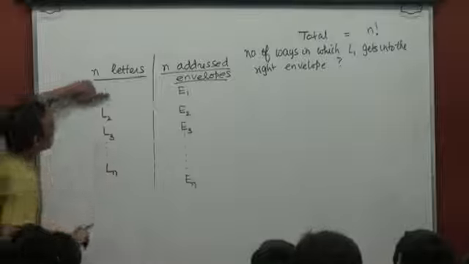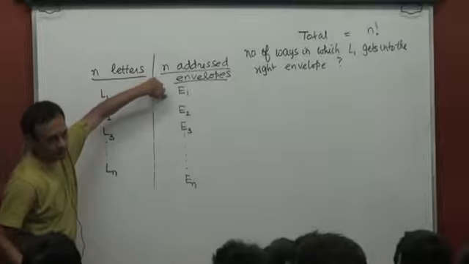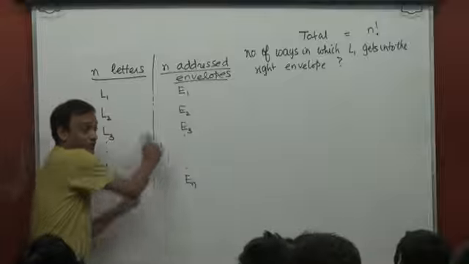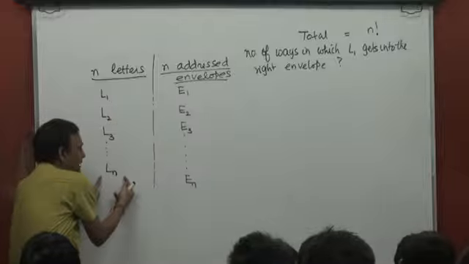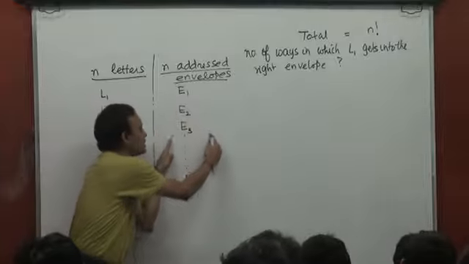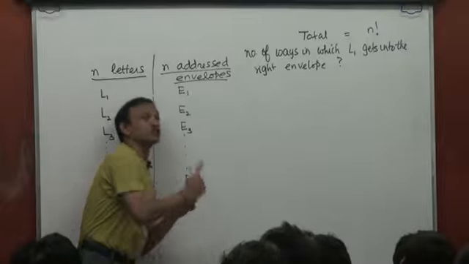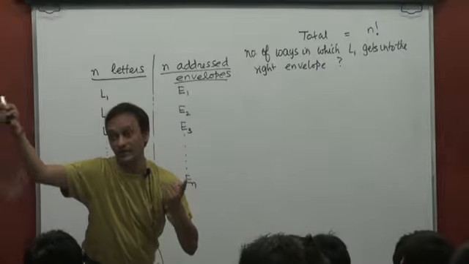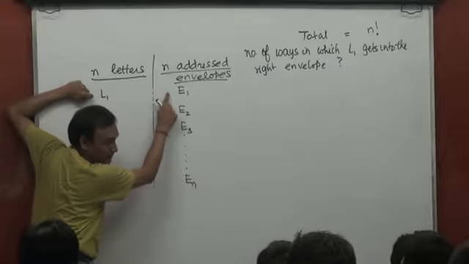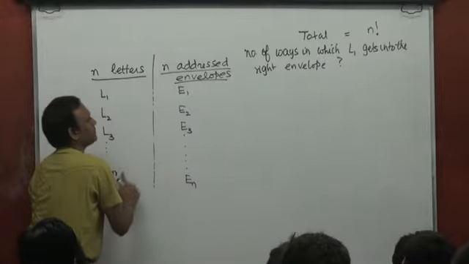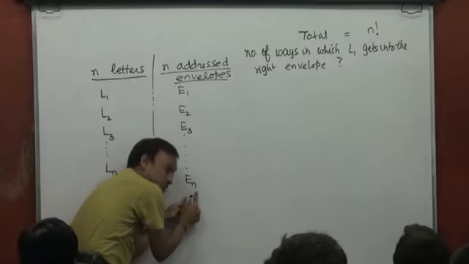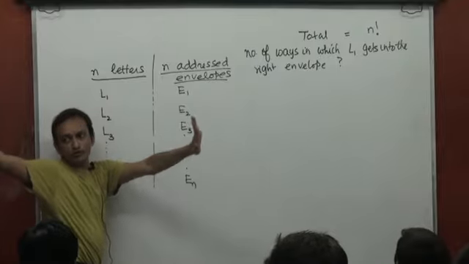So obviously, one way of putting L1 in E1, and then I have to put the remaining n minus 1 in the remaining n minus 1 slots, which can be done in n minus 1 factorial ways.